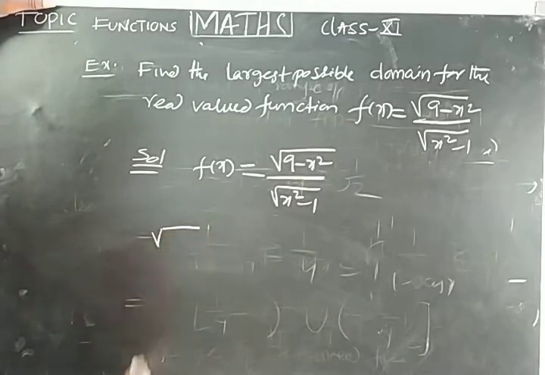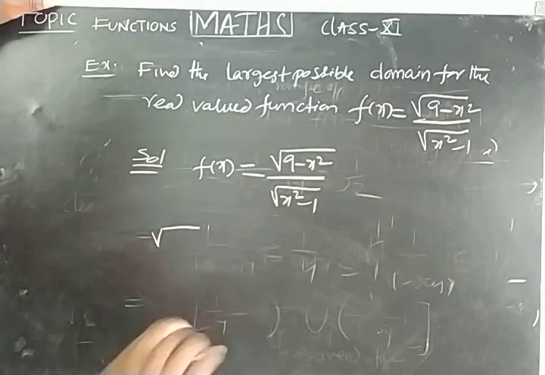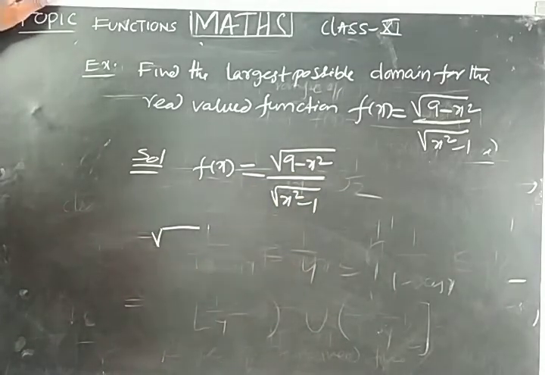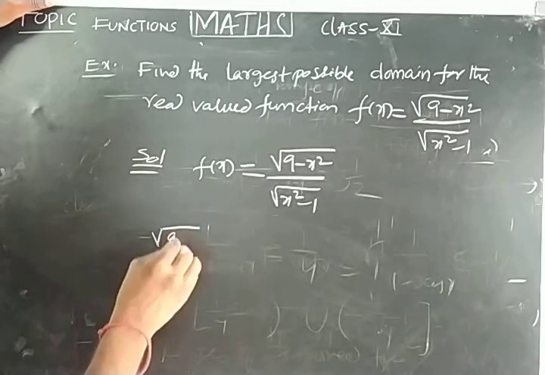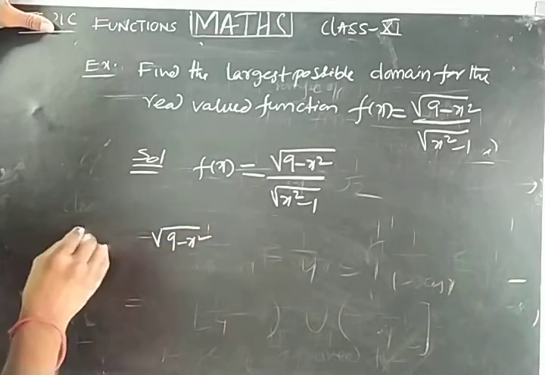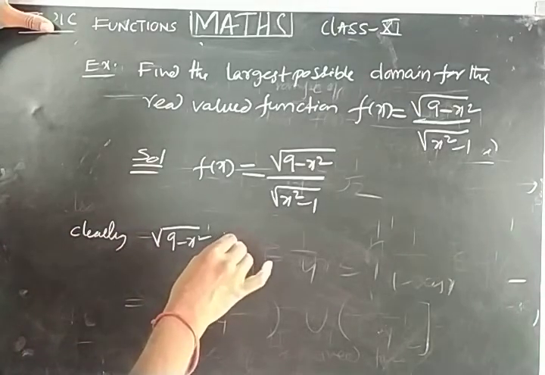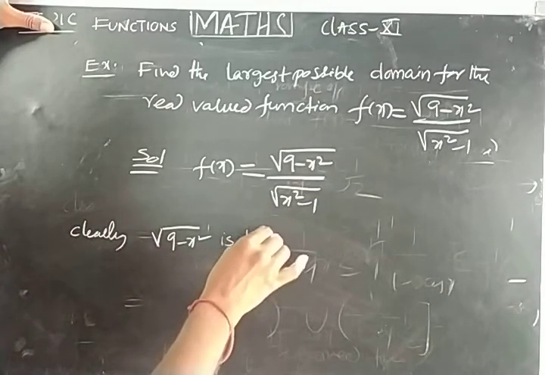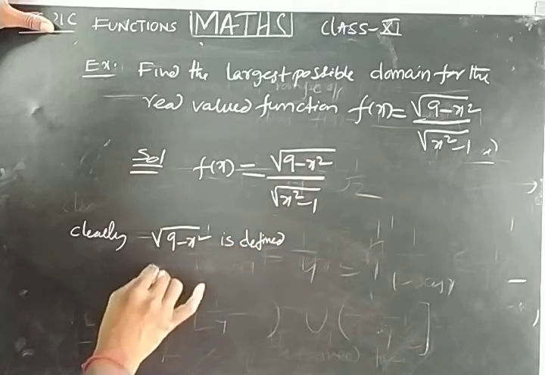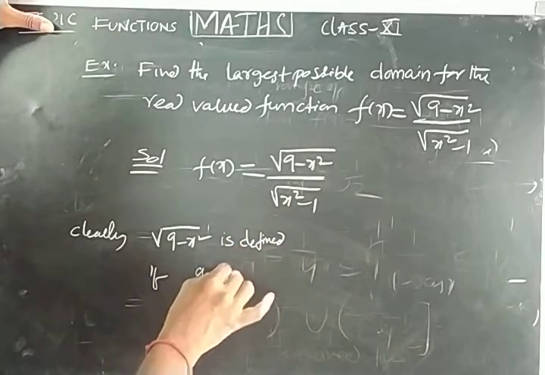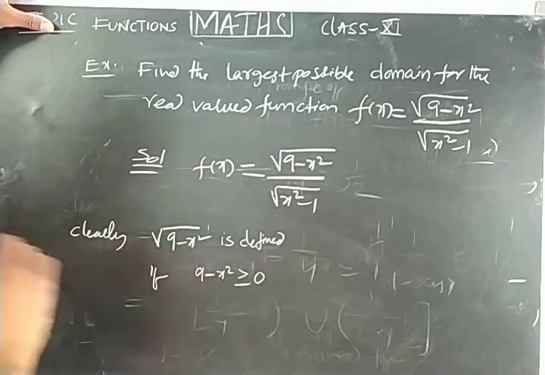So I am finding numerator domain and denominator domain separately, then after I will combine the domains, right? So clearly 9 minus x square is defined if 9 minus x square is greater than or equal to 0.